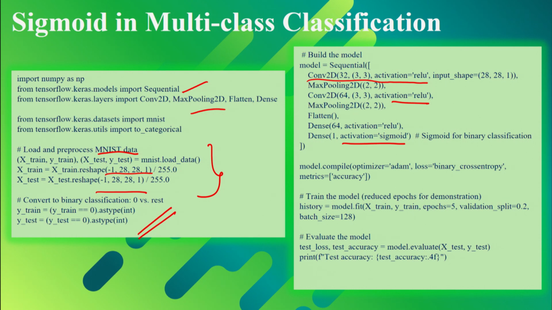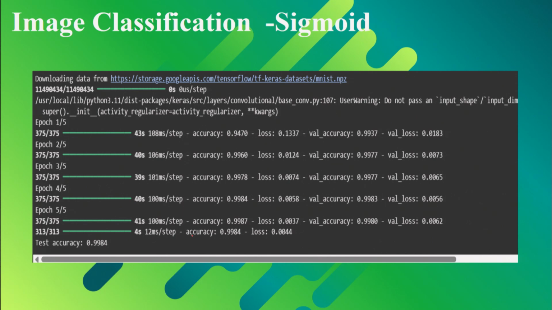These are the other parameters which will come across in later sessions, such as how the model has to be compiled with some optimizers. While training, we are fitting the model and deciding the epochs as 5. Now, if you execute this particular model, this is the output we are getting, and in each of the epochs the accuracy is 0.9984, and the test accuracy is 0.9984.